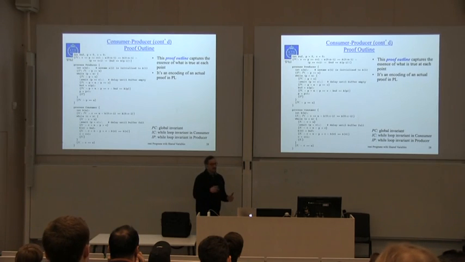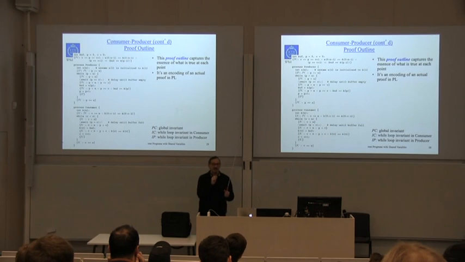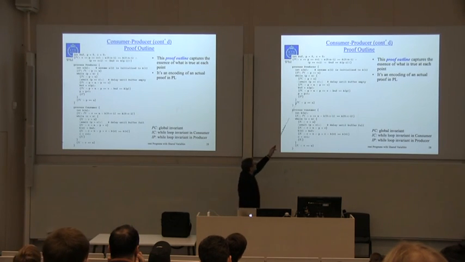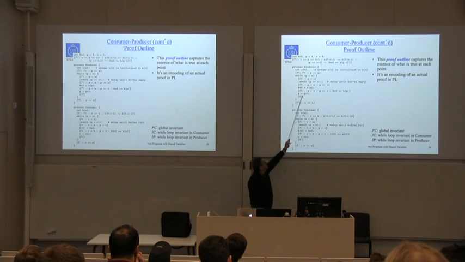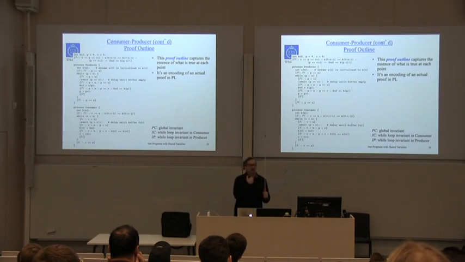Sorry for the small font because it was copied to a picture. So the producer-consumer that you have seen before, but now it is annotated. After each statement, like P plus 1, you put a predicate that describes the state, accordingly to how we introduced this global invariant, PC, and so forth.